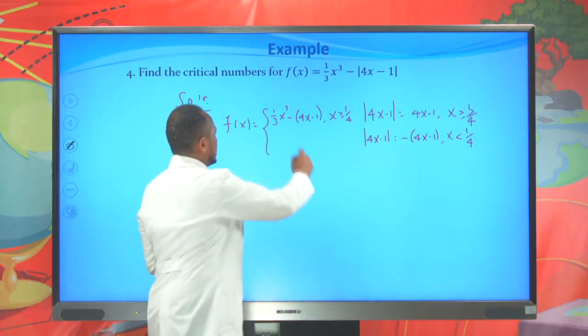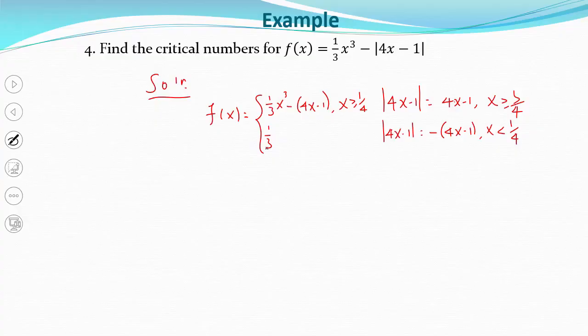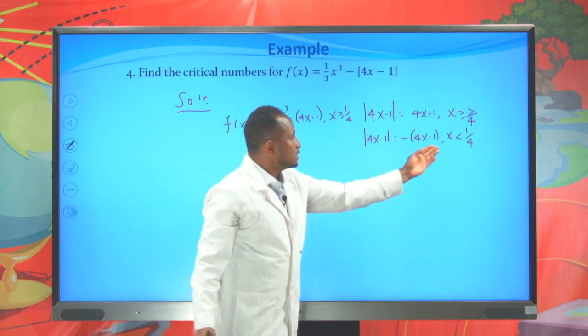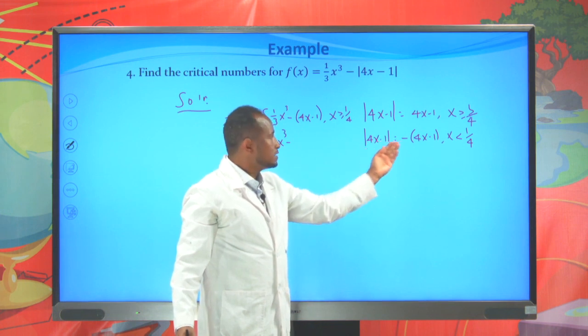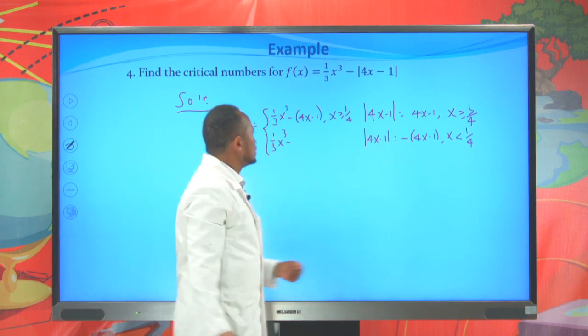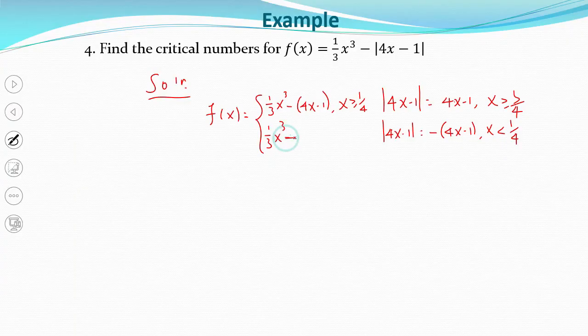And for the other interval, it is 1 over 3 x cubed minus the negative of (4x minus 1) for x less than 1 over 4. You put the negative of 4x minus 1 here, and this becomes plus 4x minus 1 for x less than 1 over 4.